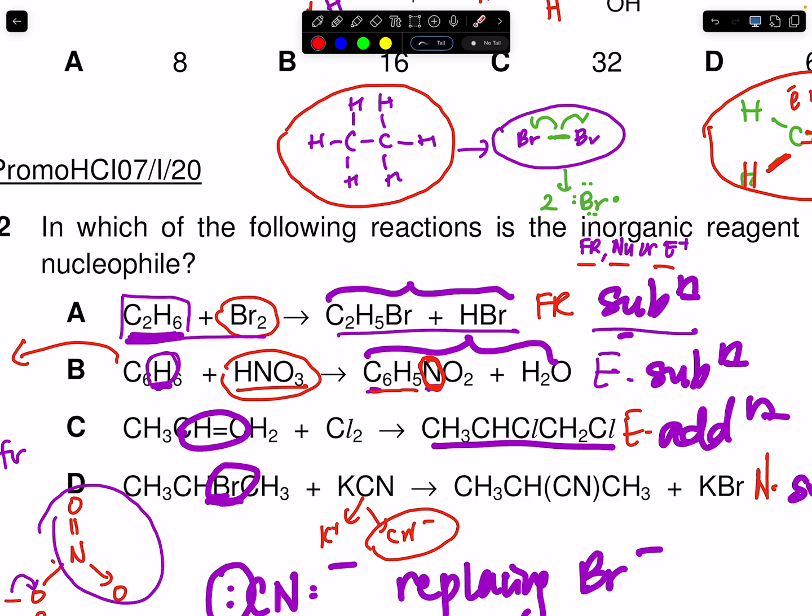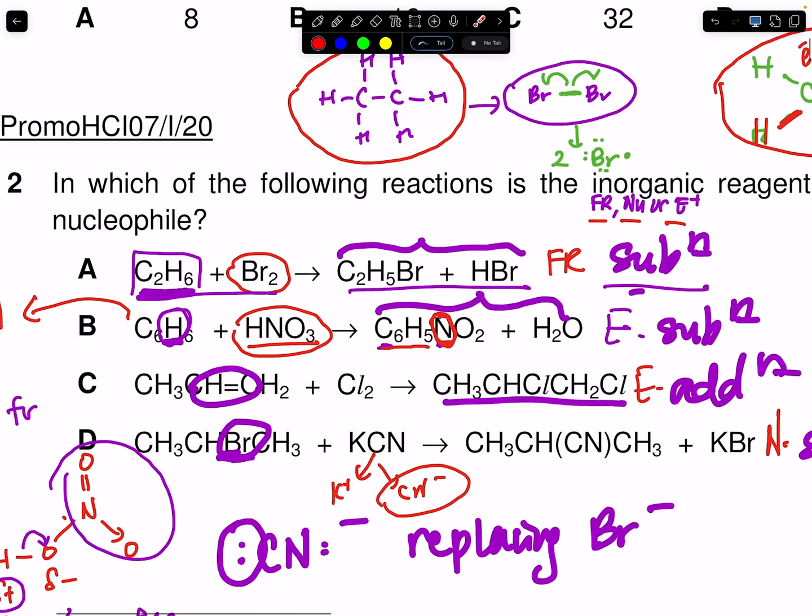Can you see that? Okay. So for the inorganic reagent, K plus, you all know that is neither a nucleophile nor an electrophile. Why? Because if you write out the electronic configuration, it has a full electronic configuration, correct or not? So you need to focus on CN minus.